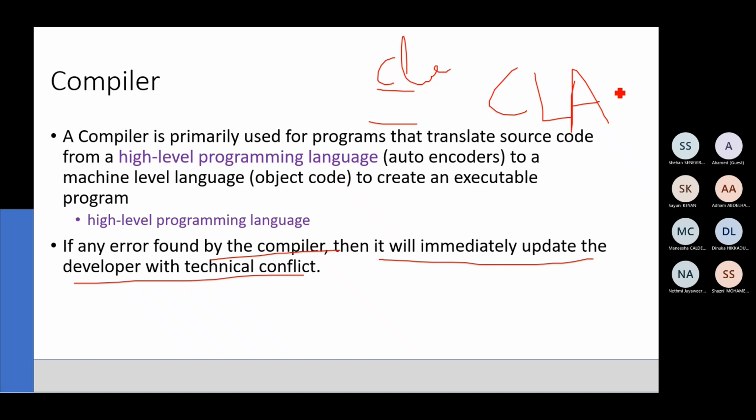Because the compiler knows what to do. Beforehand, before it translates into machine code, it knows, all right, this person is doing something other than the rules defined by myself. These rules are defined by the compiler, right? The compiler told you that you have to adhere to all of these rules and regulations.